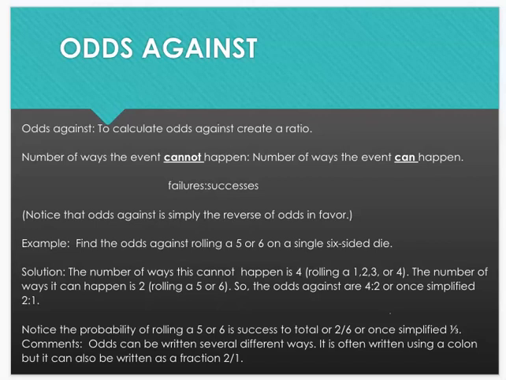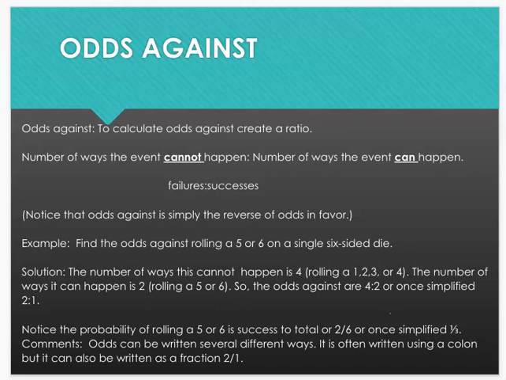So here's another example. Find the odds against rolling a 5 or 6 on a single 6-sided die. So the number of ways this cannot happen, there's 4 of them, a 1, 2, 3, or 4. Those would be our failures. The number of ways it can happen is 2, rolling a 5 or a 6.